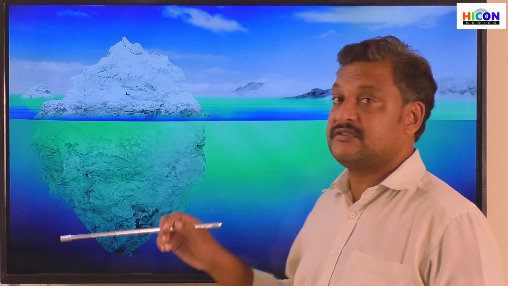So most often what happens is, the Atlantic Ocean is the busiest ocean, and these icebergs from the Arctic Ocean flow directly into the Atlantic Ocean. And the Atlantic Ocean is busy with ships and all, and these icebergs often cause severe damage to these ships.